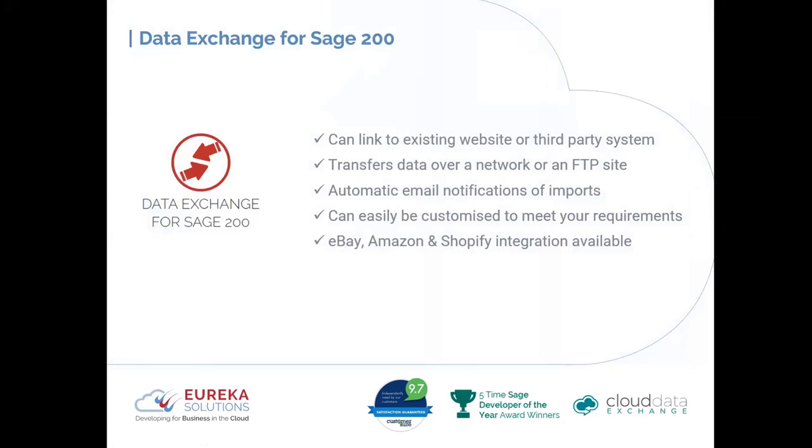So Data Exchange can link to existing websites or third-party systems via an FTP. It can automatically email a notification that it's done its thing or it hasn't, and it can be easily customized to meet any non-out-the-box requirements.